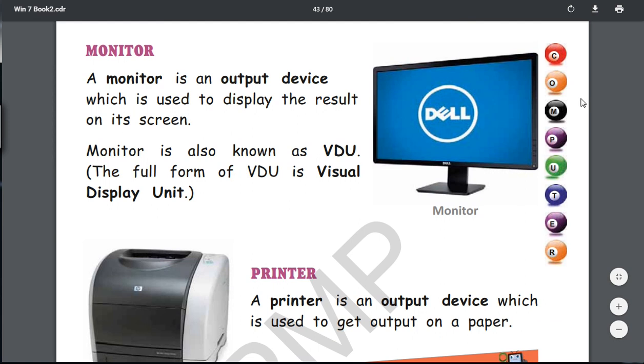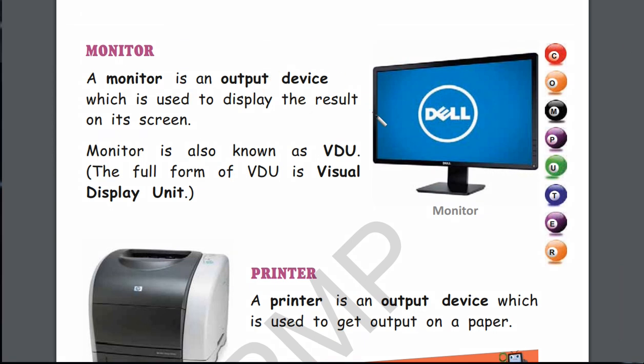Now, what is a monitor, children? Monitor is an output device which is used to display the result. Whatever you type, suppose my name is Devdeep sir, I type with the help of keyboard, it will be visible or displayed here, in the monitor screen, okay?